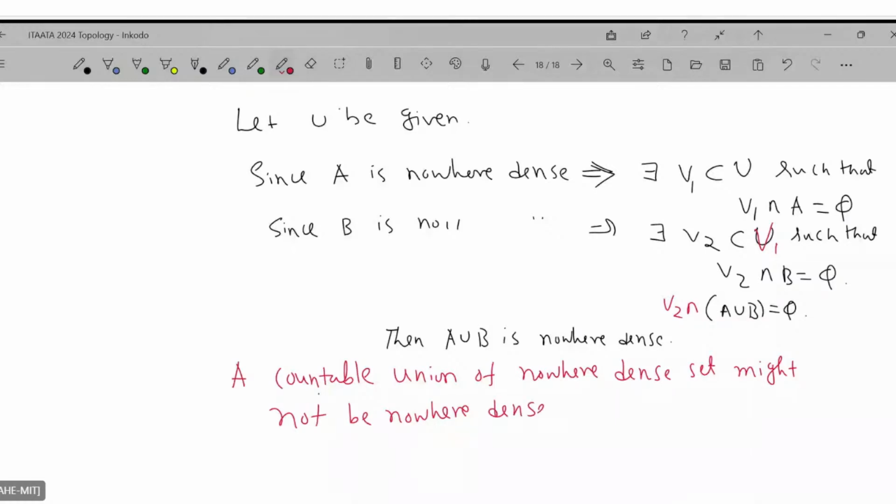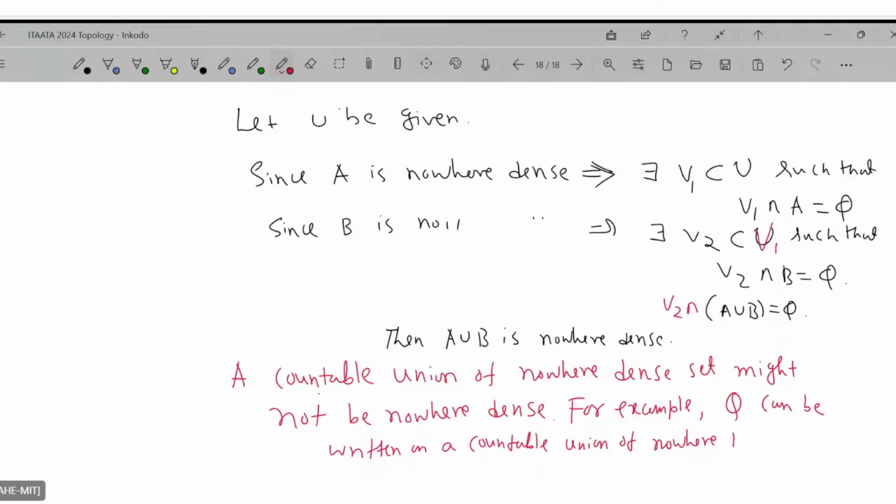For example, Q can be written as a countable union of nowhere dense sets in the reals, and Q itself is not nowhere dense.